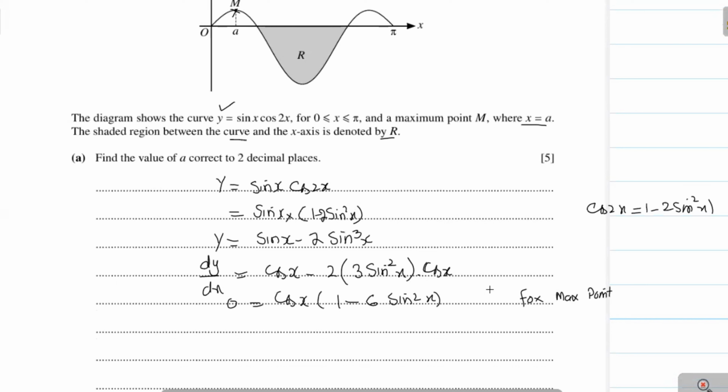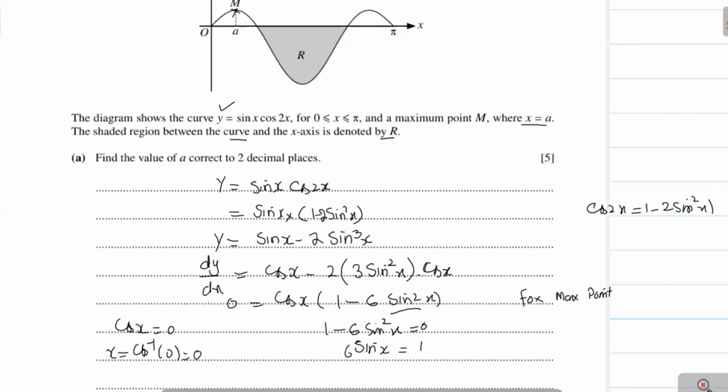Therefore, we can write cos x equal to 0 and x equal to cos inverse 0, and this will be equal to pi over 2. Now we write 1 minus 6 sin square x equal to 0, so 6 sin square x equal to 1.